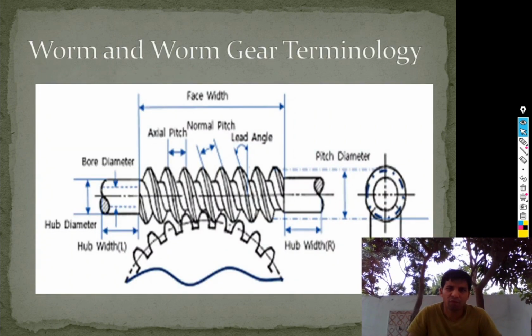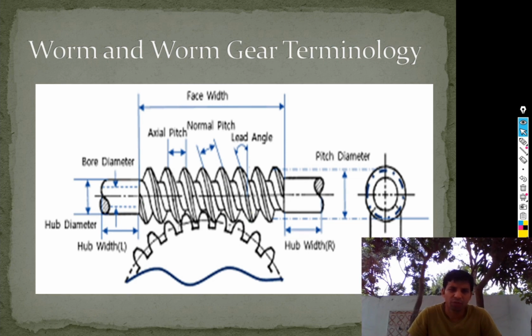Next, worm and worm gear terminology. As you know, at the start of the gear chapter we discussed the gear terminology. The worm and worm gear have some different terminology terms, which include lead angle, normal pitch, and axial pitch, and there may be a different pitch diameter. Axial pitch, you already know, is the distance between two teeth along the axis.